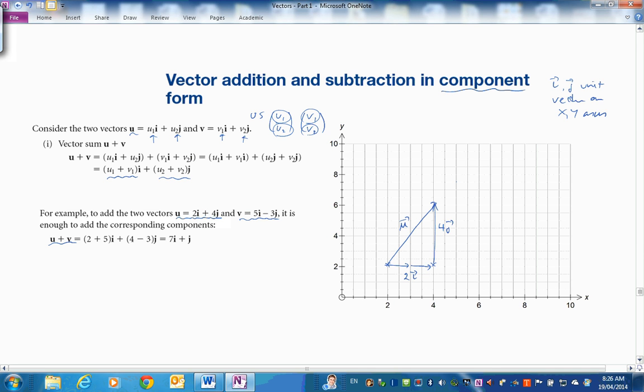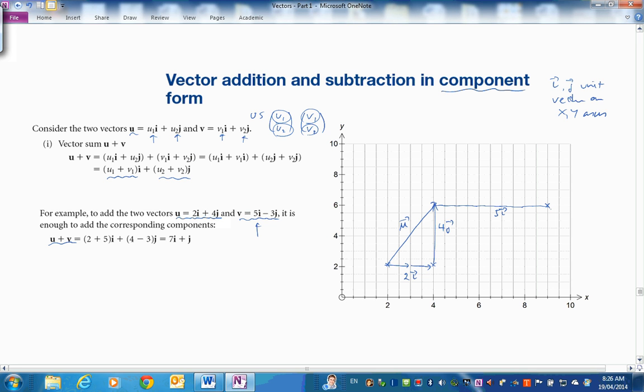And then we're going to move v on the end to add on v. So what is v? 5 in the i. We've got to go right out here, 5 in the i, coming along: 1, 2, 3, 4, 5. 5 in the i for vector v. And then negative 3 in the j. We've got to watch the scales here.